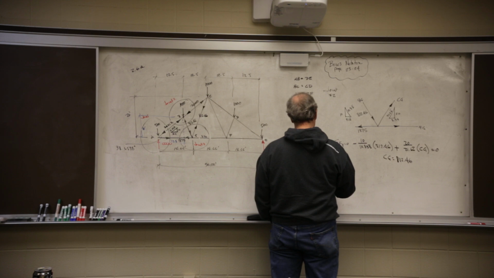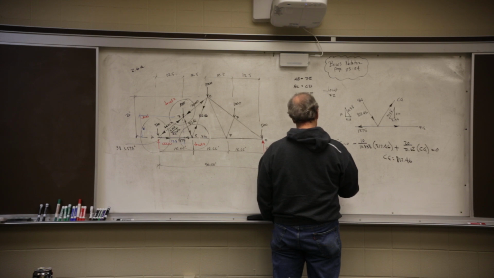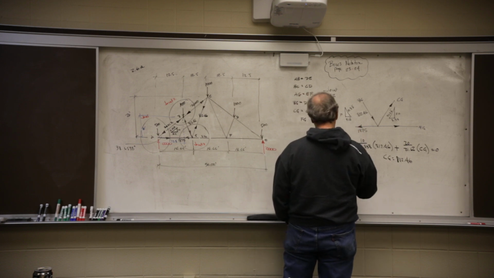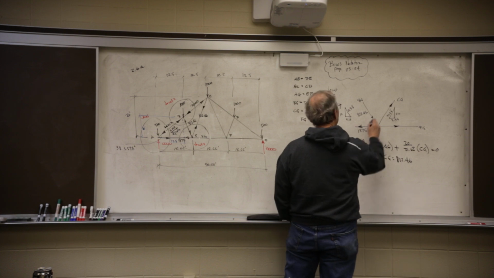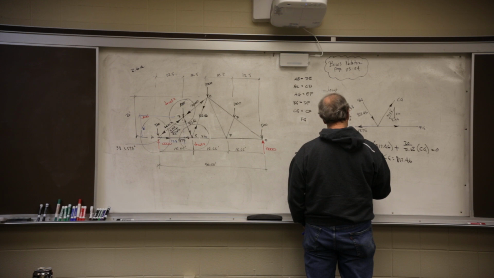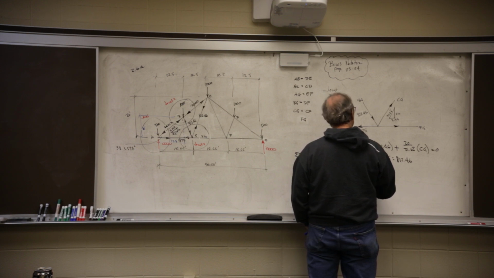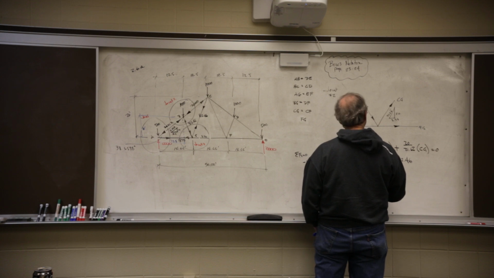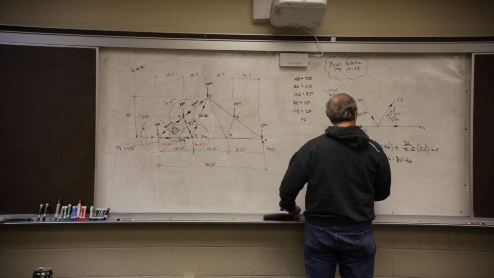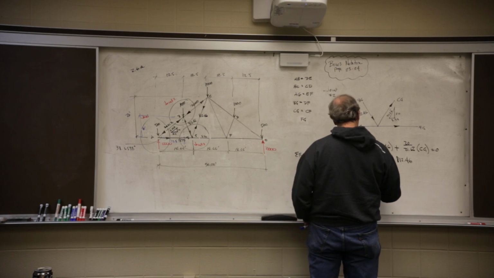I've got this guy, 4 going to the right, and that's 812. I got this guy going to the right. CG is right here, 812.46.